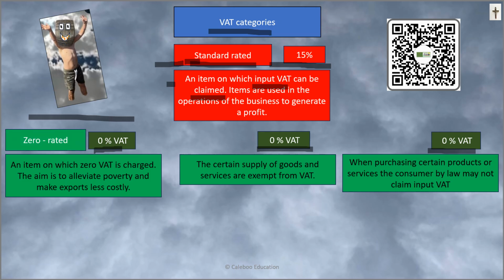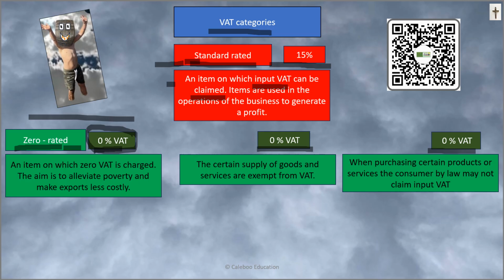There are certain items, they are called zero rated items, where 0% VAT is applied. There is no VAT on zero rated items.